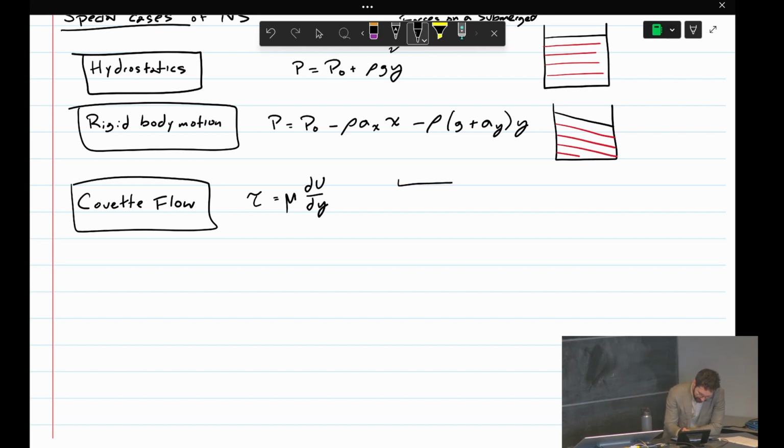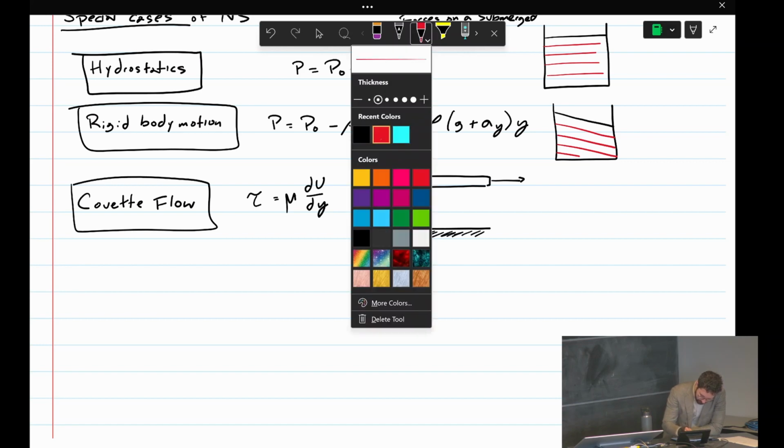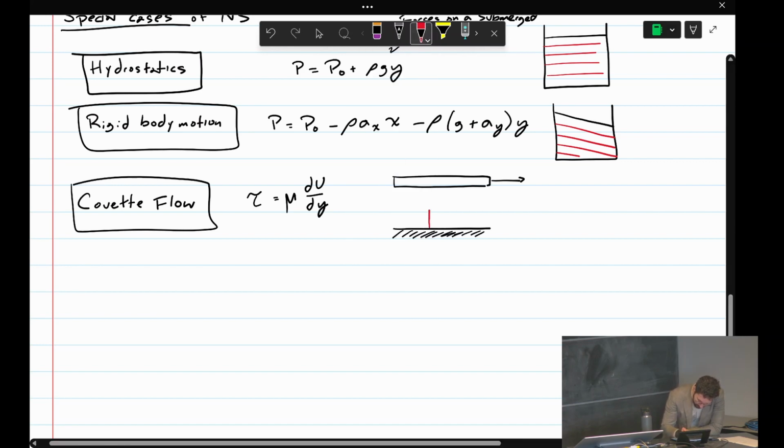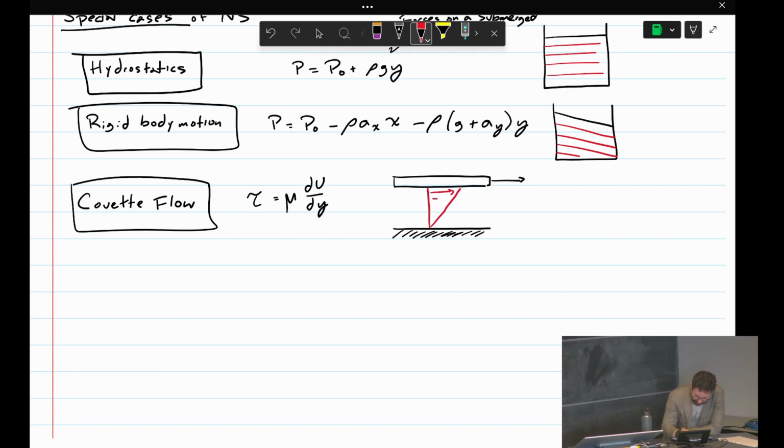So we looked at Couette flow, for example, we looked at a couple different cases of velocity profiles. So say we have a plate here and a bottom wall. With certain assumptions, we get a linear velocity profile.